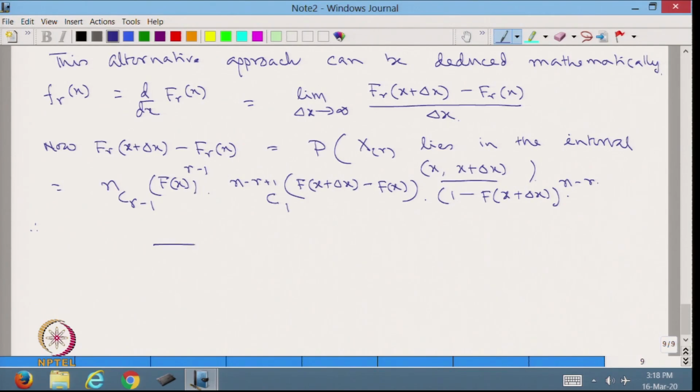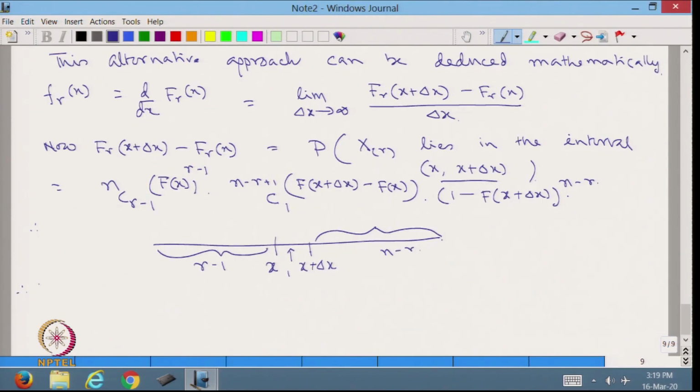This is because suppose this is the real line, this is x plus delta x. One of them is going to be here, r minus 1 are going to be here, and n minus r are going to be above x plus delta x.